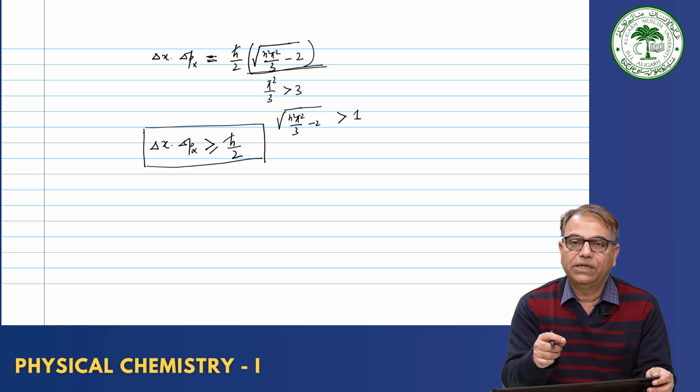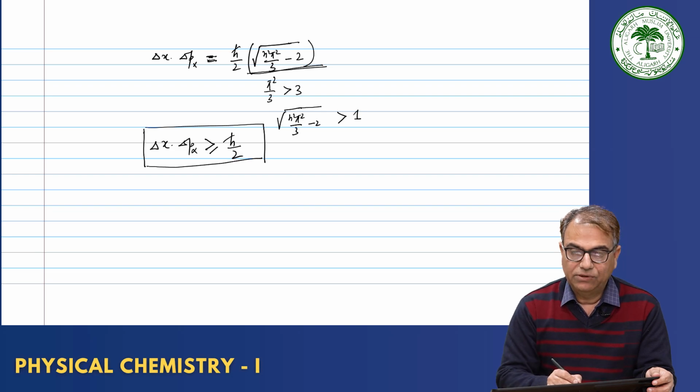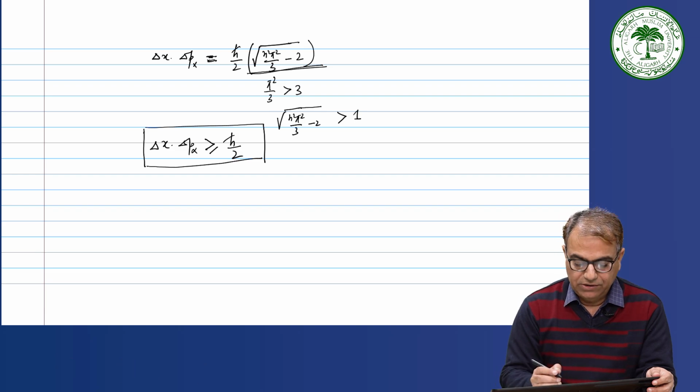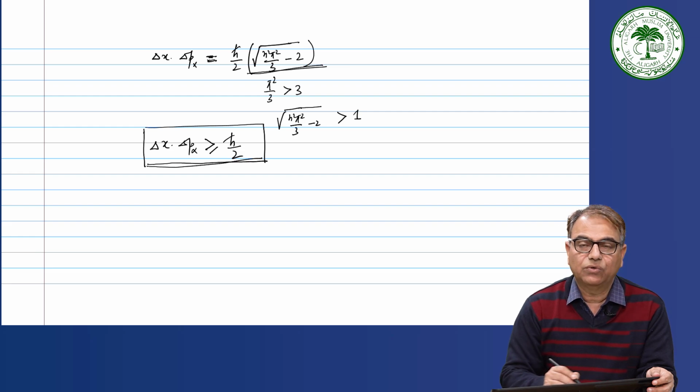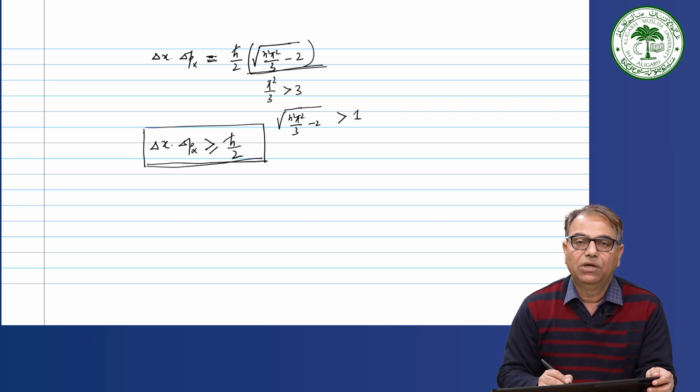The result is that delta x into delta px is always greater than h cross divided by 2, and this is what the uncertainty relationship is. With any other system also we can do this; we will do it for the simple harmonic oscillator also. Okay. So the uncertainty relationship is a direct consequence of applying quantum mechanics, or the Schrodinger wave equation, to a simple system. Okay. So this I wanted to convey.